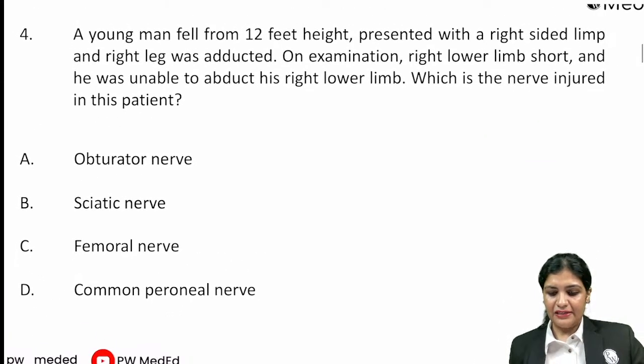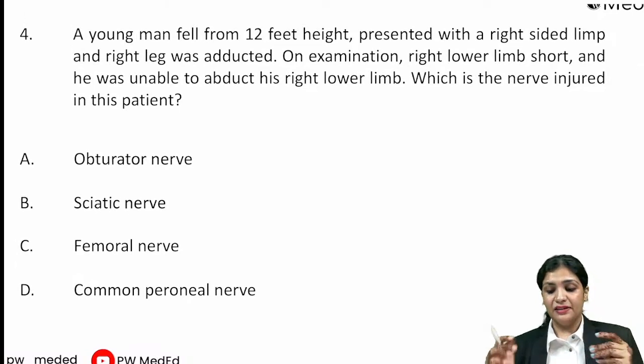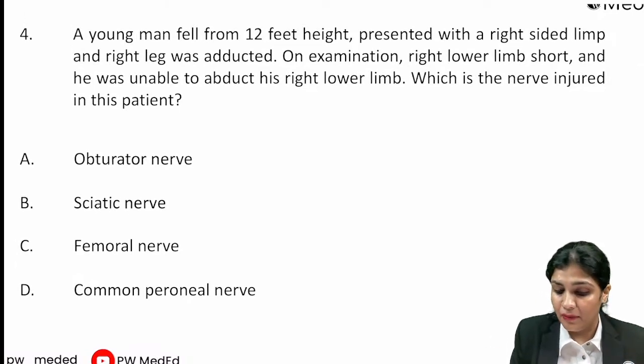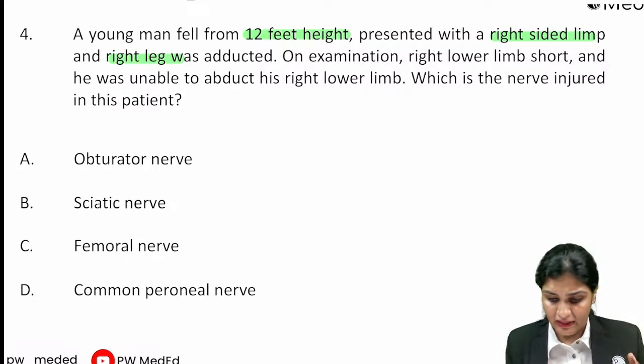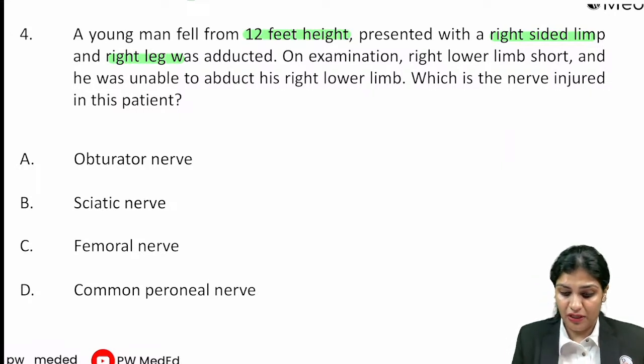So here there is a clinical scenario where a patient fell from 12 feet height, presented with the right-sided limb and right leg was adducted, right? And on examination, right lower limb was short and he was unable to abduct his right lower limb. Which nerve is injured in this patient?